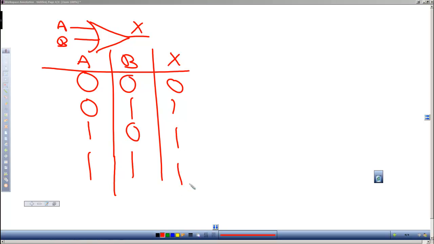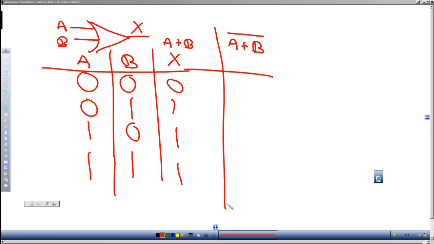Well, again, the equation for that would be A + B, where the plus sign we say is OR. We could have A or B, the whole thing NOTed, and the output of it would be just the opposite. So if A or B was a 0, A or B NOTed would give us a 1.